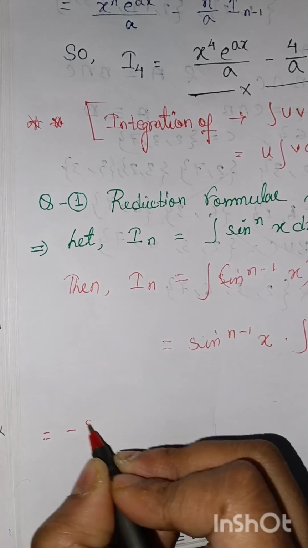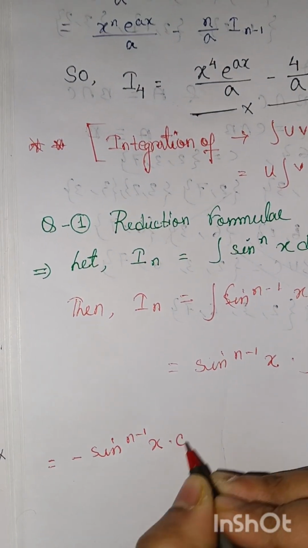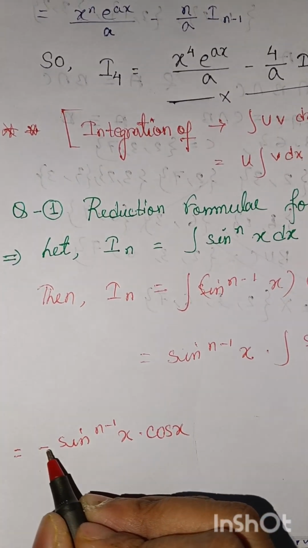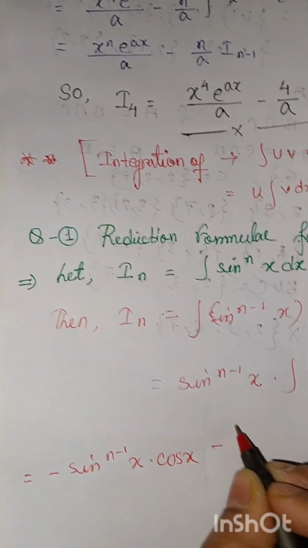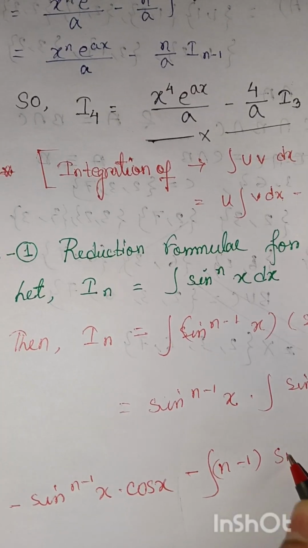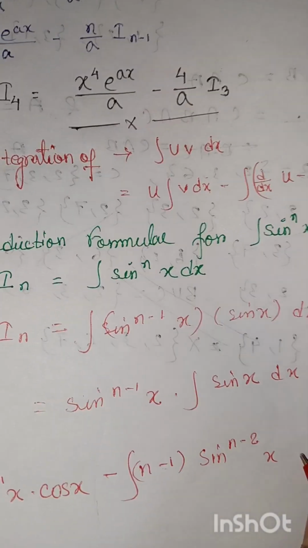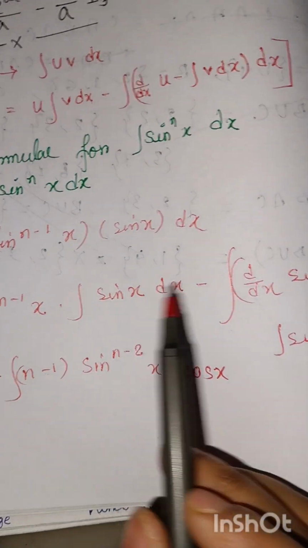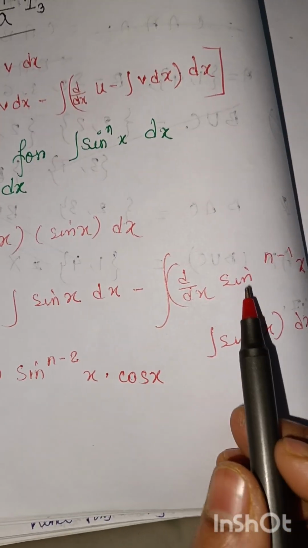So let's simplify the line: minus sine to the power n minus 1 x into cos x, because the integration of sine x is minus cos x. The minus sign goes in the first position. Next, minus n minus 1 into sine to the power n minus 2 x cos x. Again cos x, because in the derivative of sine to the power n minus 1 x we use the formula for x to the power n.